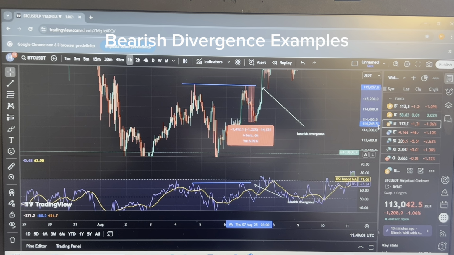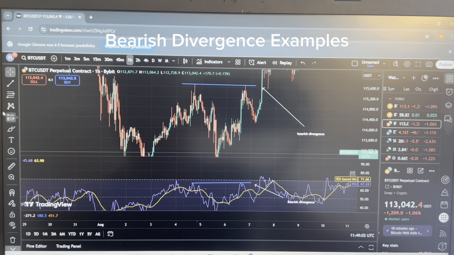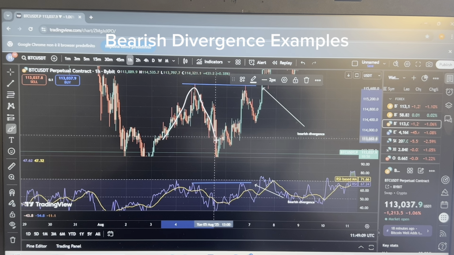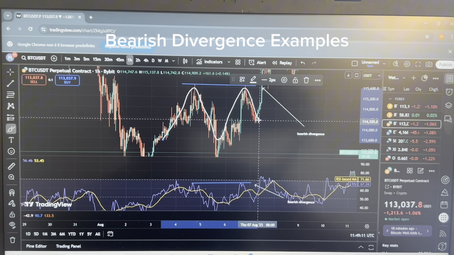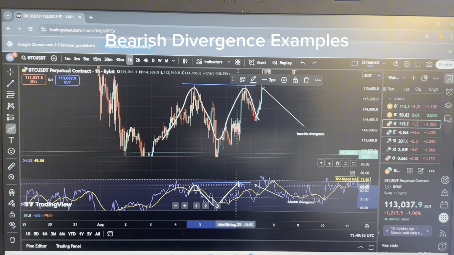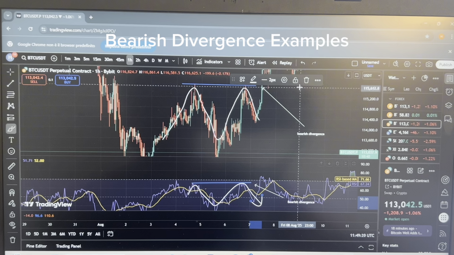Okay, I hope you guys got it. Let me explain it a bit further. So the market is making lower highs, and the RSI indicator is making higher highs. So eventually it just went down.